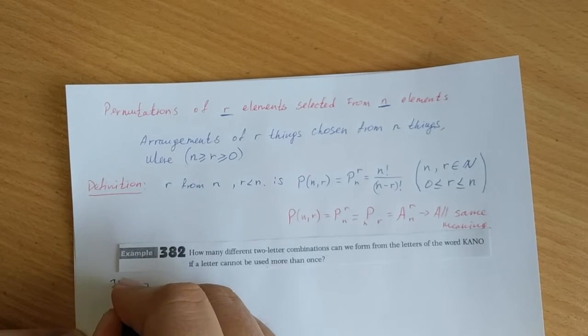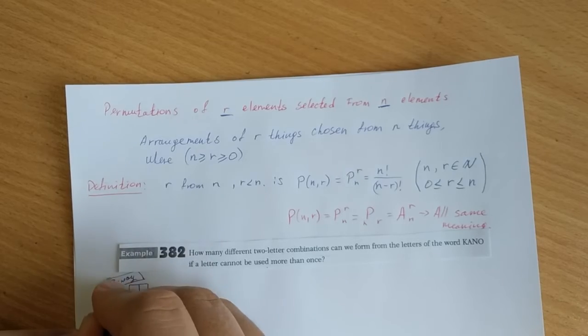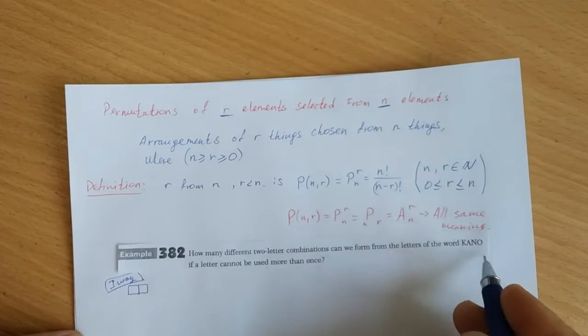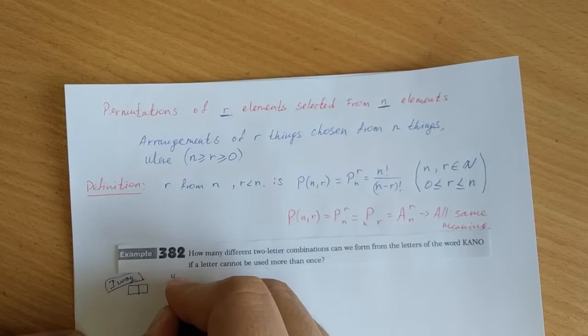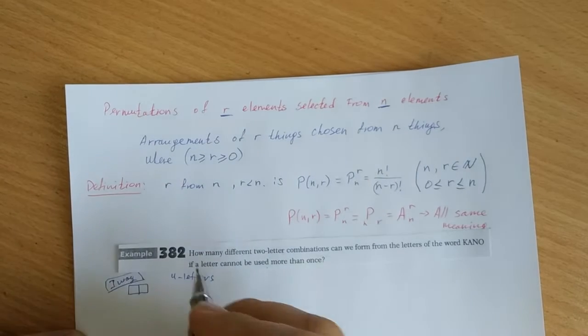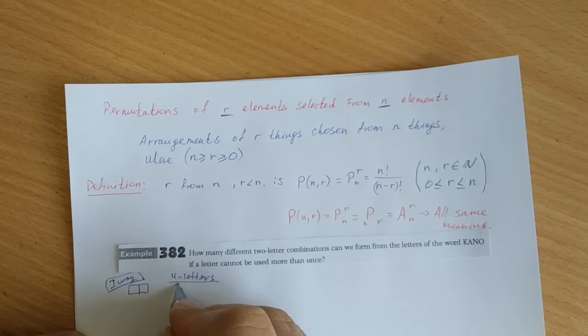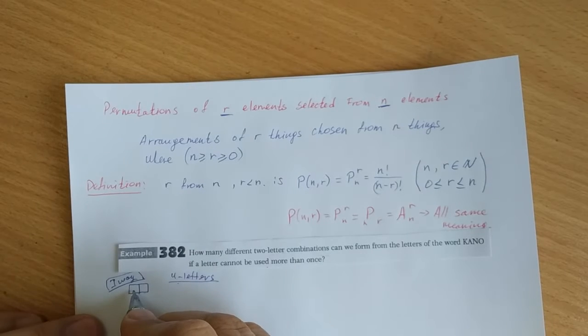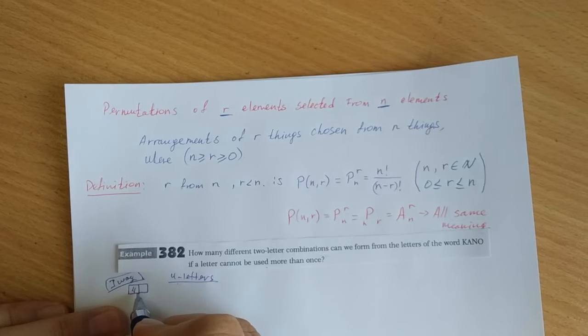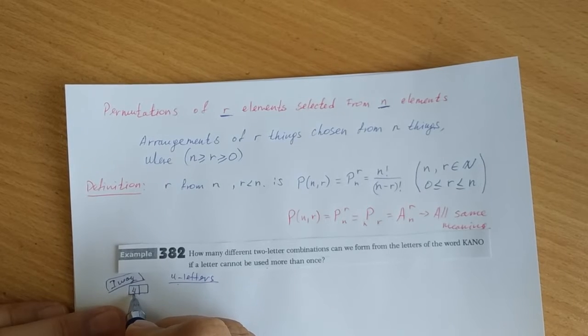The first way. How many letters do we have here? 4 letters. Among these 4 letters, for example, in the first place let's put K, one of the 4 letters.